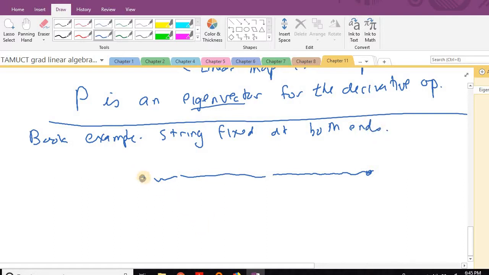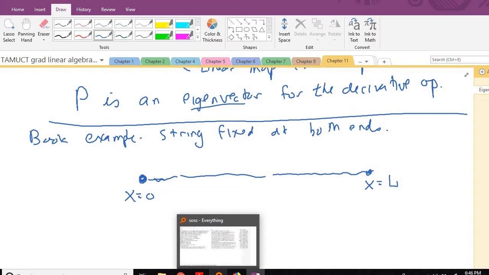Let's say that this is x equals 0, and this is x equals L. That's the length of the string.